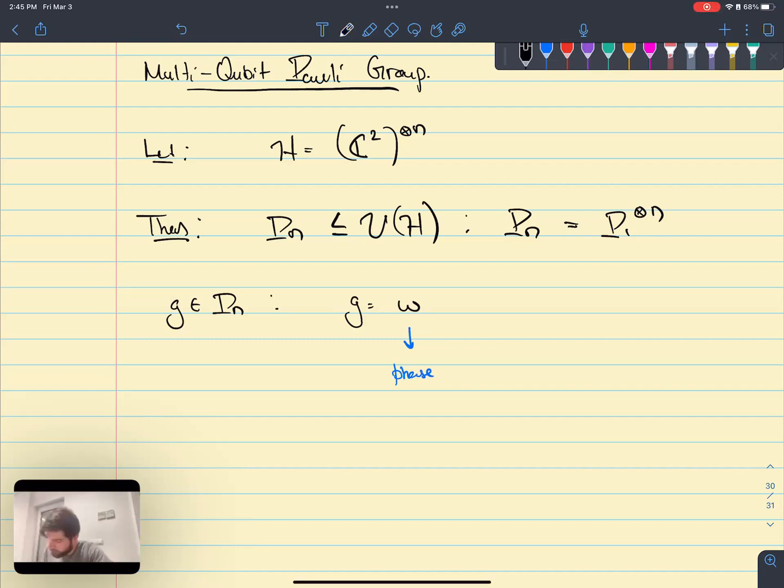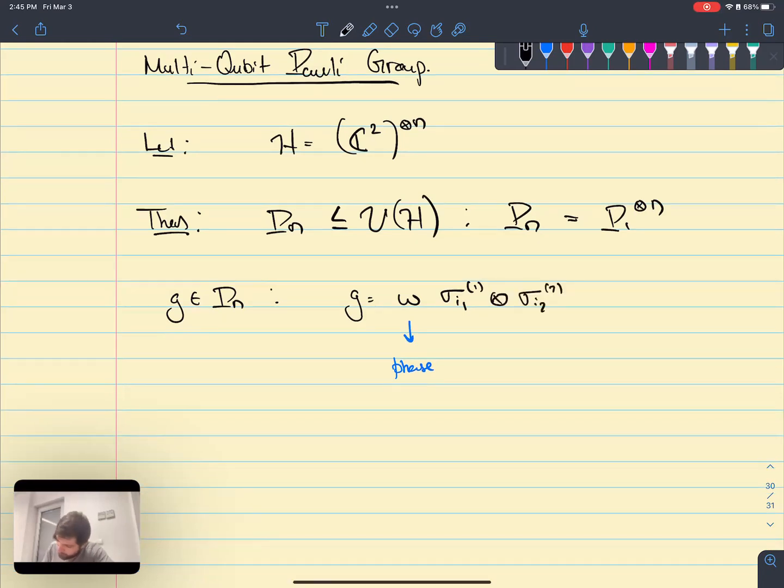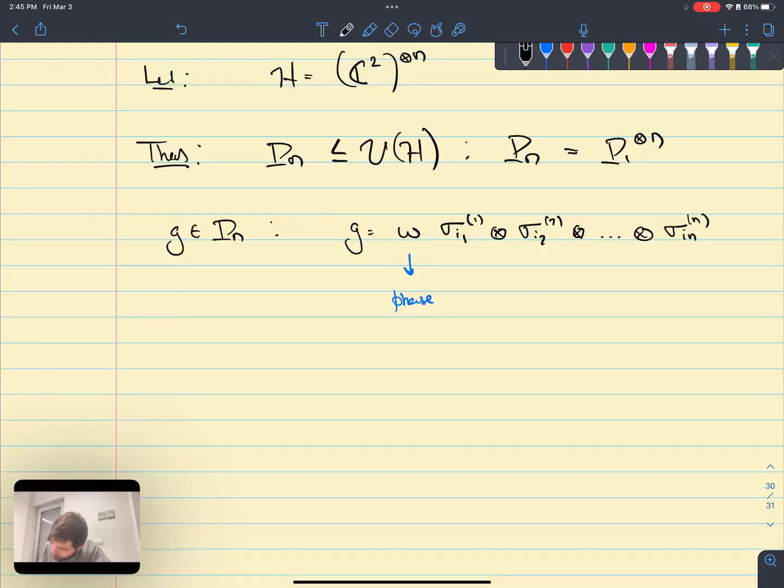And then, acting on the first qubit, you have one Pauli operator. Acting on the second qubit, you have another one. It could be any of them: the identity, X, Y, or Z. And you do this for all n qubits. So this is what a typical Pauli operator will look like.